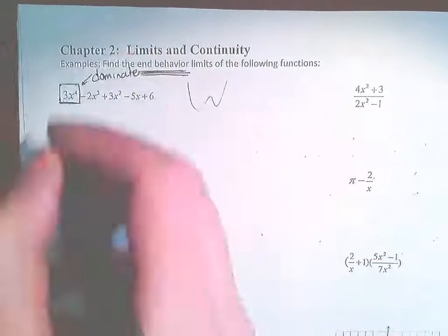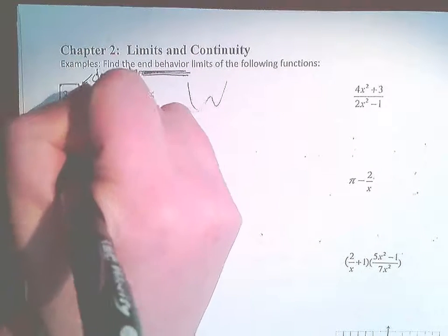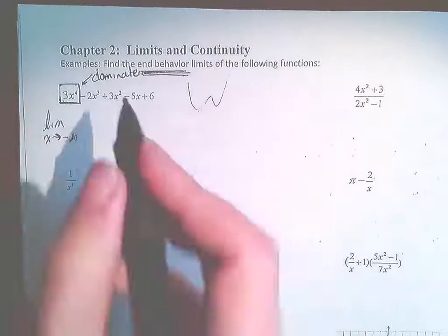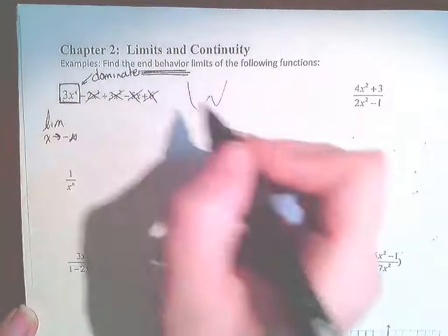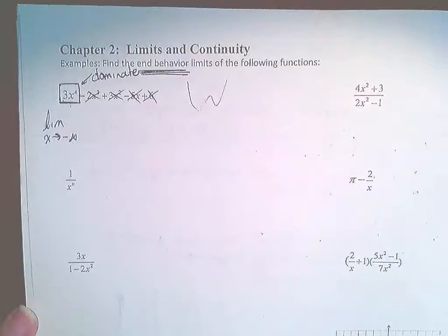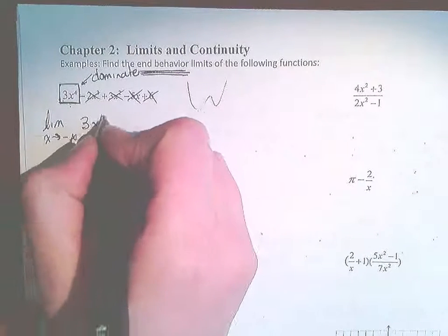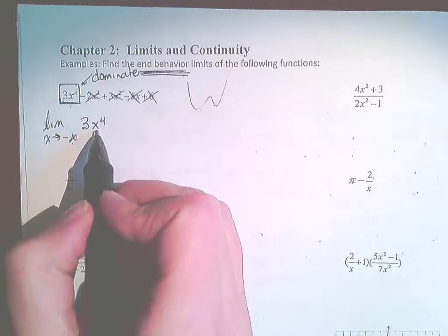So my question is, as the limit of x approaches negative infinity, where does this graph go? Honestly, I don't even care about these other parts when I'm just looking at end behavior, because the leading term determines how the graph looks. So I'm just going to focus on 3x to the fourth. If I plug in negative infinity here, what do you notice happens?